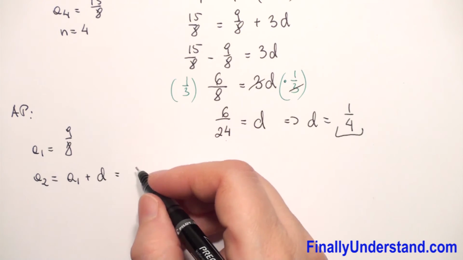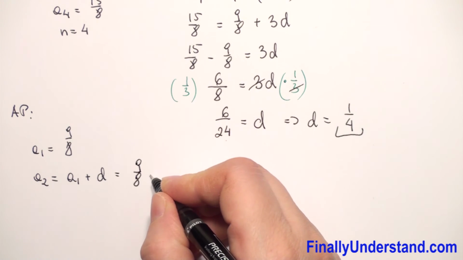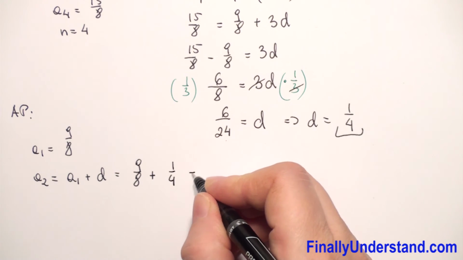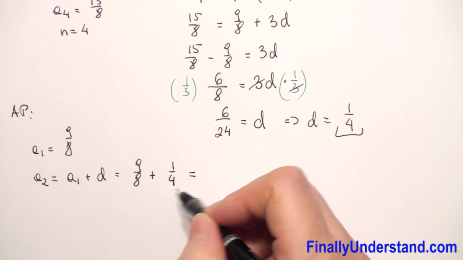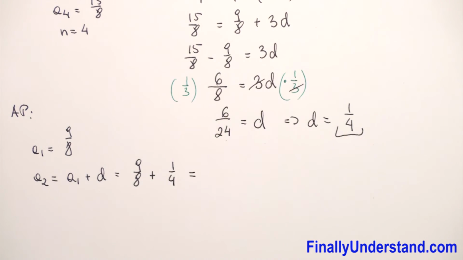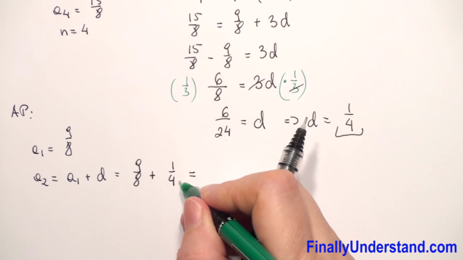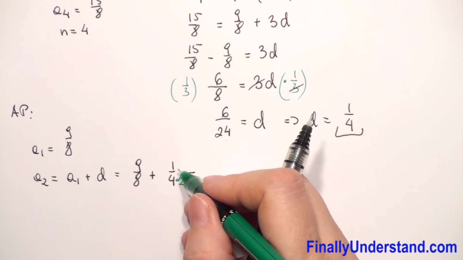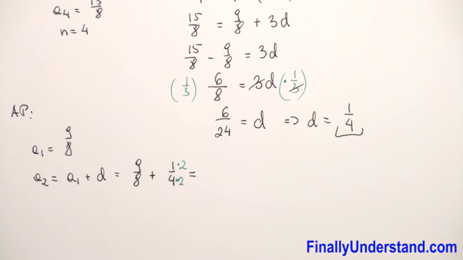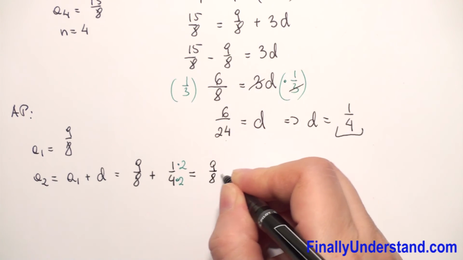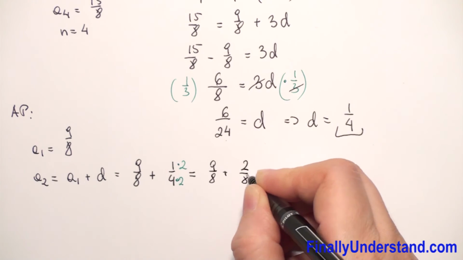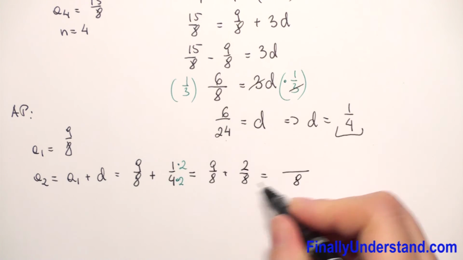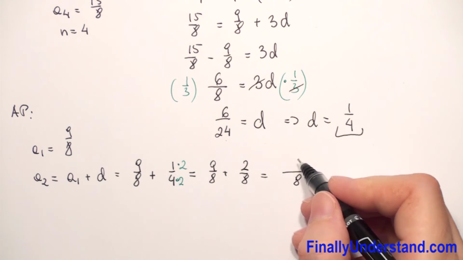So A1 is 9 over 8 plus d, which we calculated is 1 over 4. To add these two fractions, we need the same denominators. We multiply 4 by 2, and whatever I did with the denominator, I have to do the same with the numerator. So we have 9 over 8 plus 2 over 8. In addition of fractions we copy the denominator, and 9 plus 2 is 11.